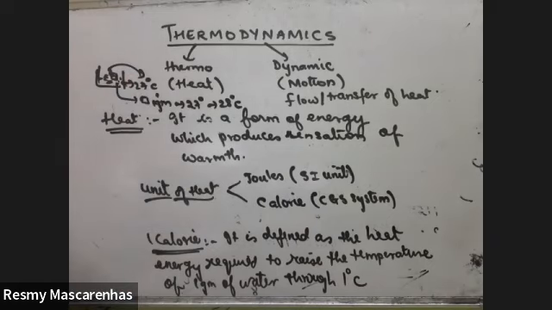Okay, it could be from 27 to 28 or 14 to 15 or 28 to 29, anything, but change by 1 degree Celsius, how much energy you need to change 1 gram of water. Okay, so that is called as 1 calorie.